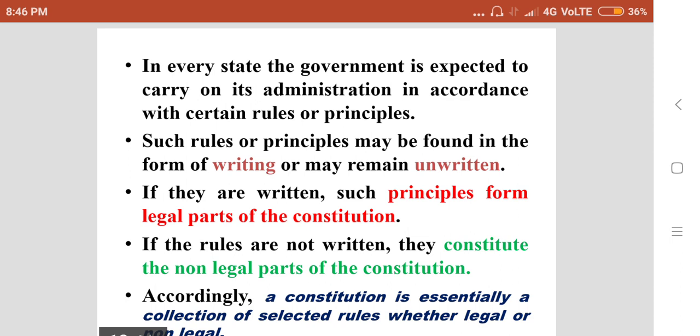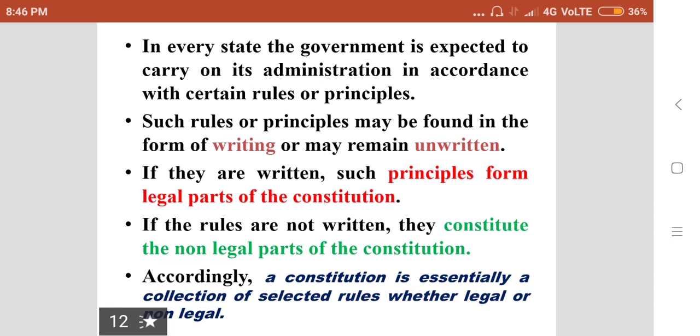Such rules or principles may be found in the form of writing or may remain unwritten. If these rules are in a written form, such rules and principles form the legal parts of the Constitution. If the rules are not written, they constitute the non-legal parts of the Constitution.